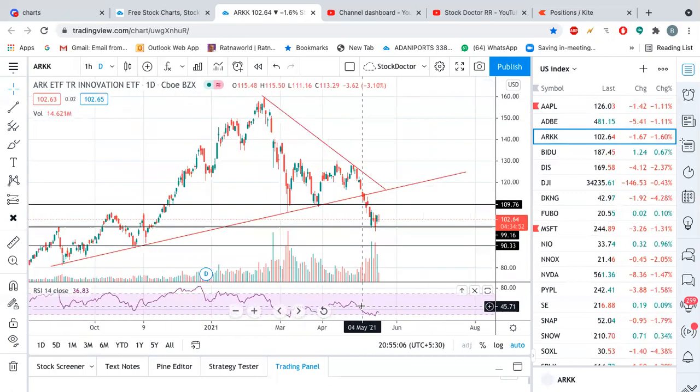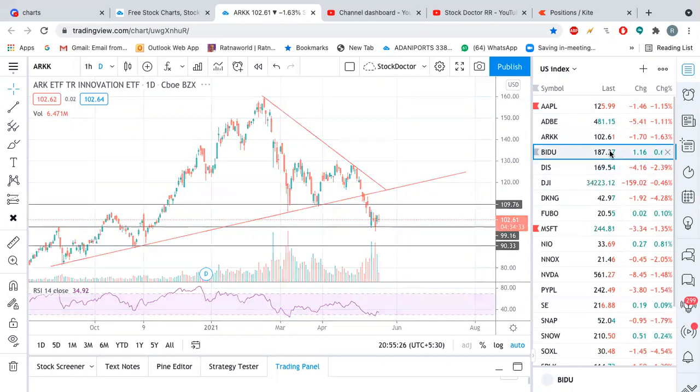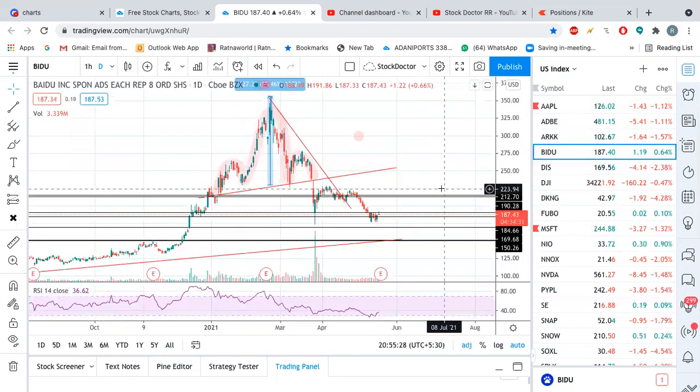And you can see RSI is oversold here, so technically it can give a bounce towards $110. And if it stays above that, then it can go towards 118 plus.